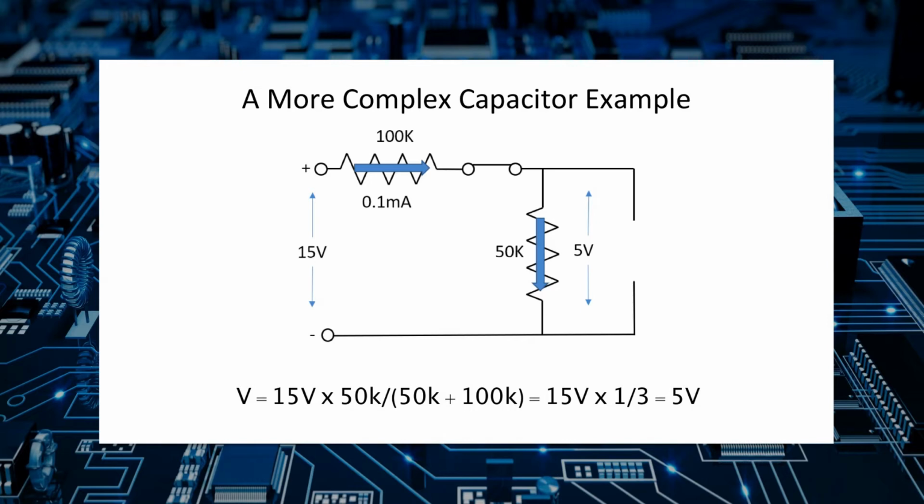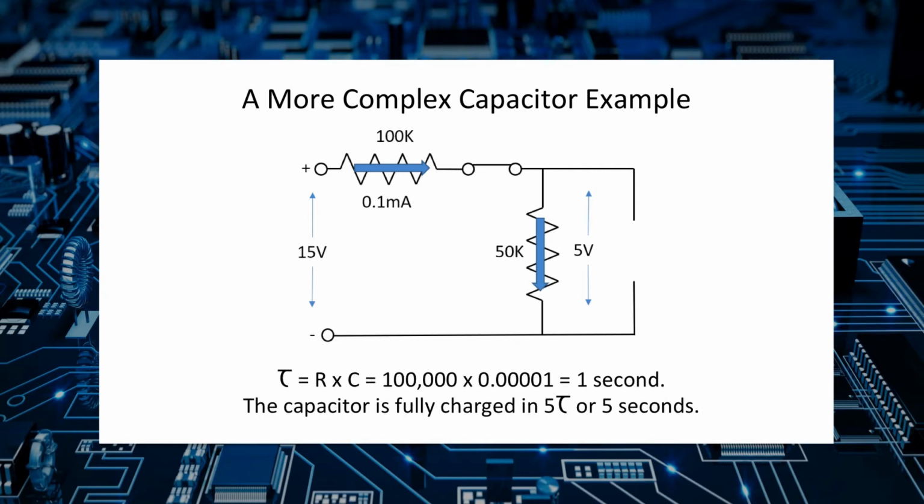So that would be 50K over 150K times 15 volts, or 1/3 times 15 volts. So the voltage across the capacitor is going to be 5 volts. That's what the capacitor will eventually charge to. Once it's fully charged, it'll have 5 volts across it, and it'll behave like an open circuit.